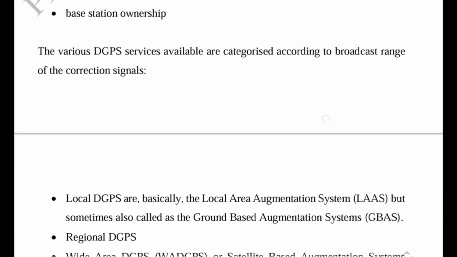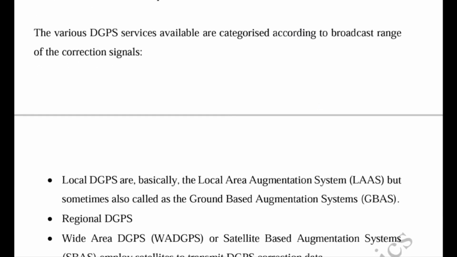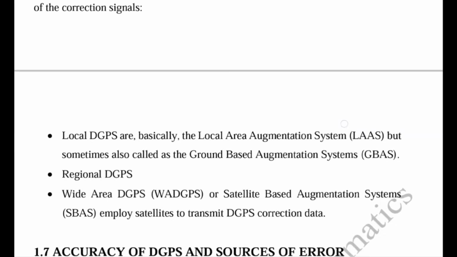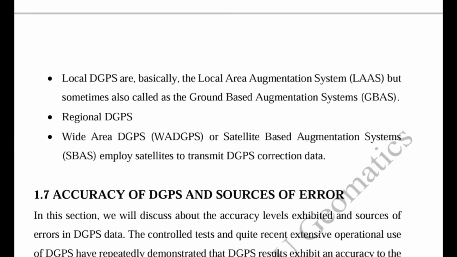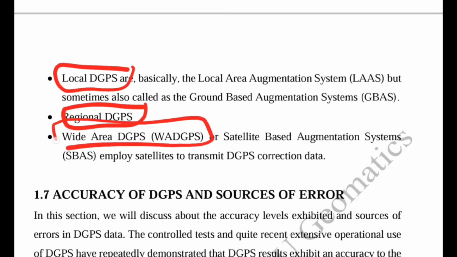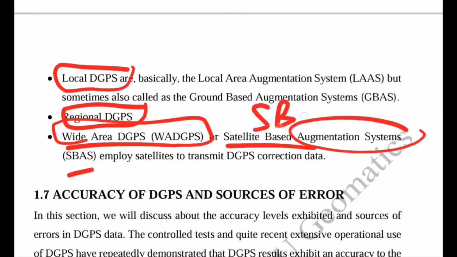And there are various DGPS services which are characterized according to the broadcast range. There is local DGPS. Second is regional DGPS, which covers a larger area than local DGPS. And third is wide area DGPS, WADGPS, which is also known as the satellite-based augmentation system, SBAS.